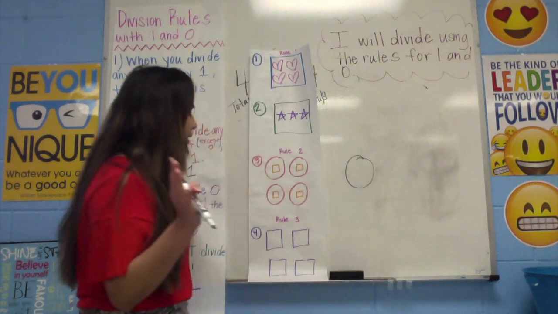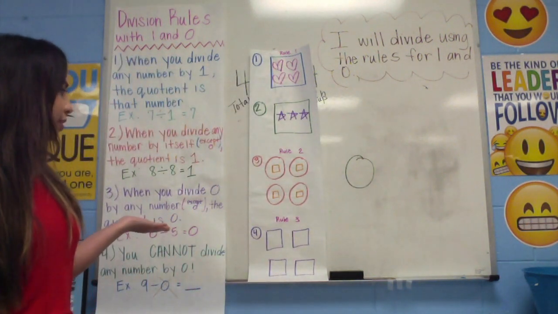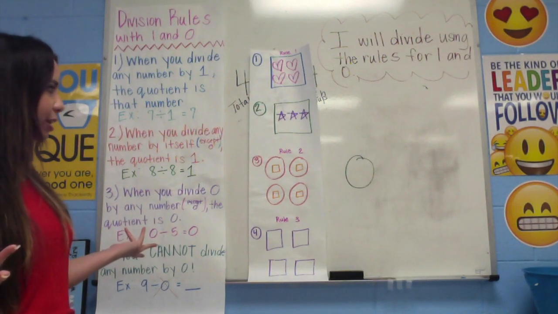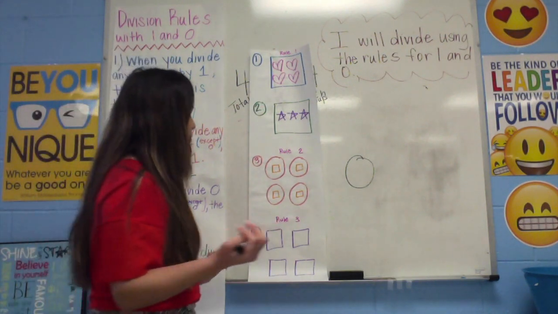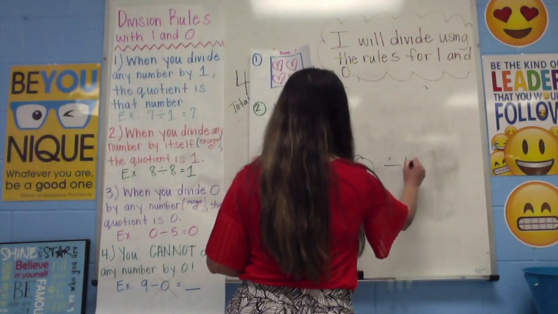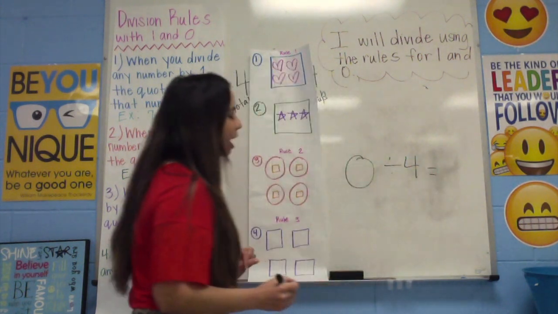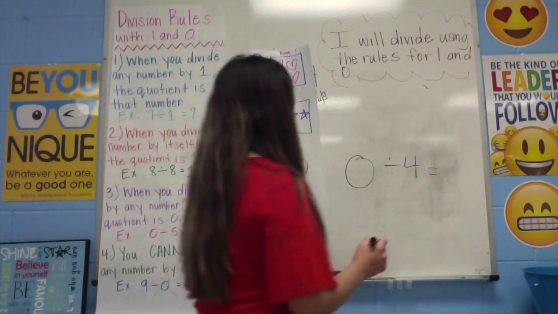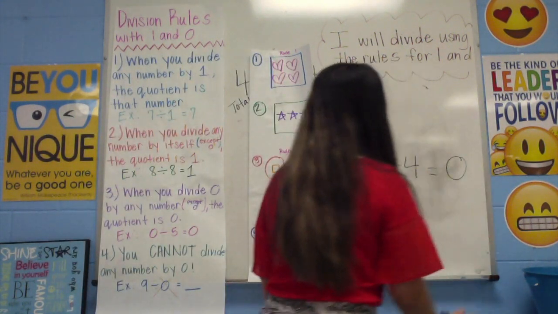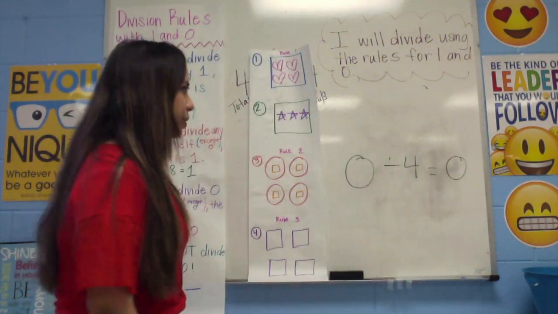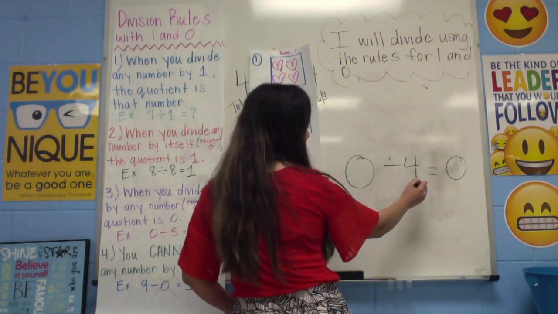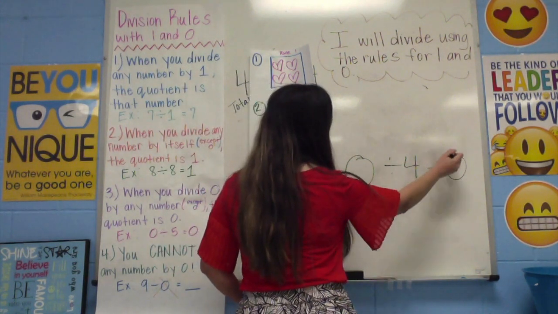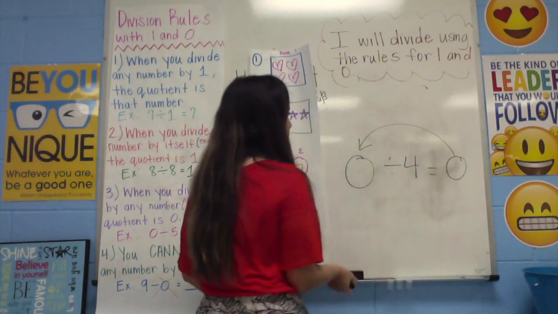There are no objects in the equal groups, so it's 0 divided by how many groups? 1, 2, 3, 4 groups. Well, the answer tells us how many are in each group, but there's nothing in each group, so the answer is 0. And we can check our work by multiplying the divisor times the quotient. 4 times 0 is 0. Okay?